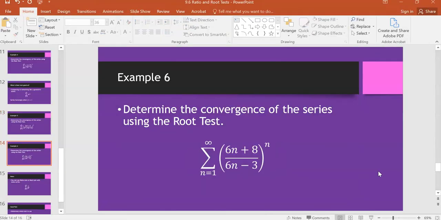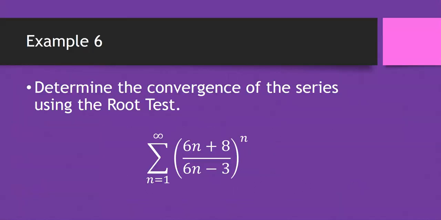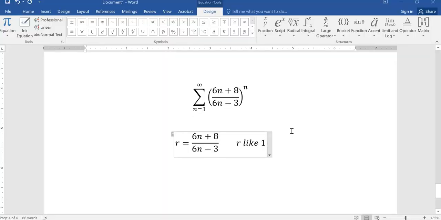I want you to do one more example using the root test. Go ahead and push pause on the video and try this one. All right, so in this case, our underlying base that's being raised to the nth power is (6n + 8)/(6n - 3). If I look at that, that's like 6 over 6, which is like a 1. And so taking the limit as n goes to infinity, you get 1. So what we're saying here is this is like taking a 1 to the nth power.